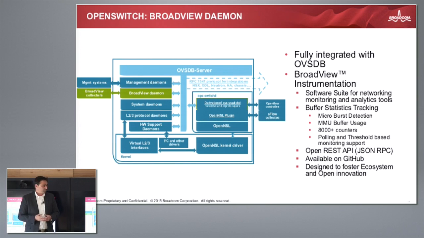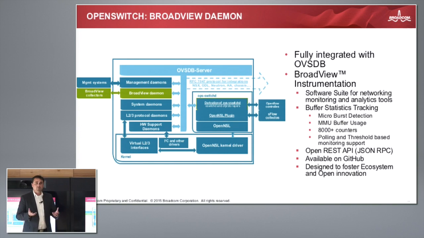The Broadview instrumentation daemon, the first daemon that we contributed, was integrated into OpenSwitch through the OVSDB structure, and I think it's already integrated into the OS GUI, the web UI of OpenSwitch.